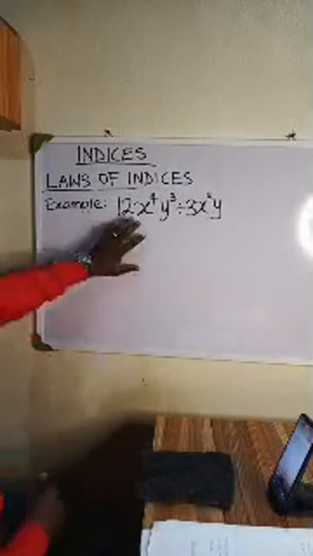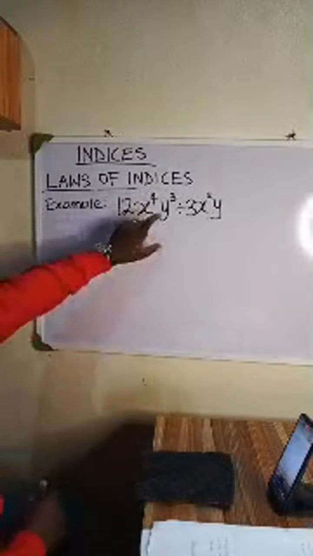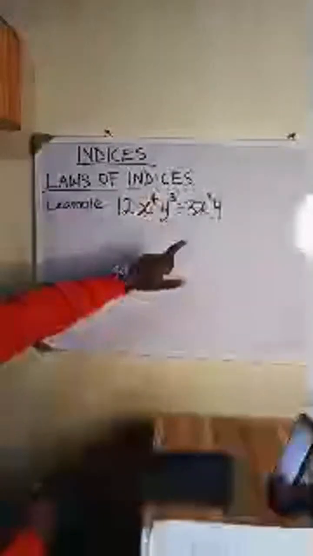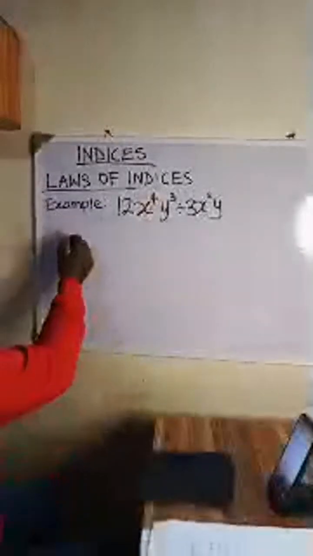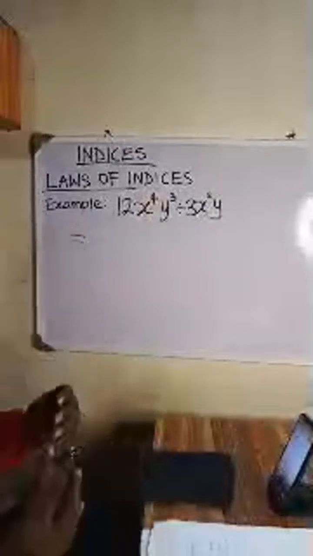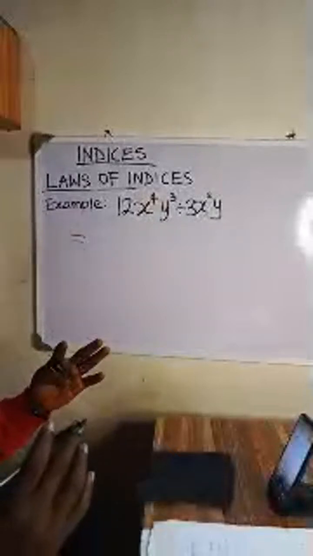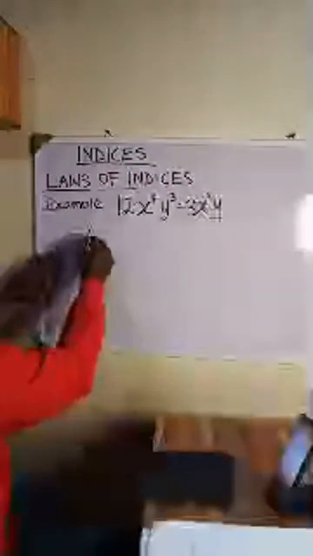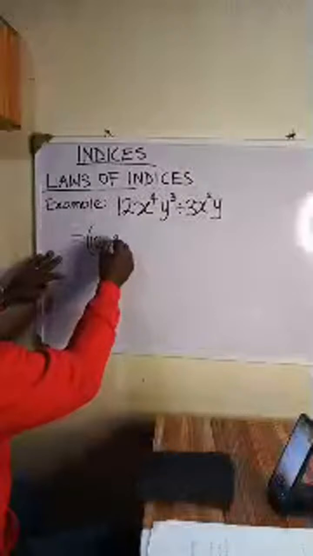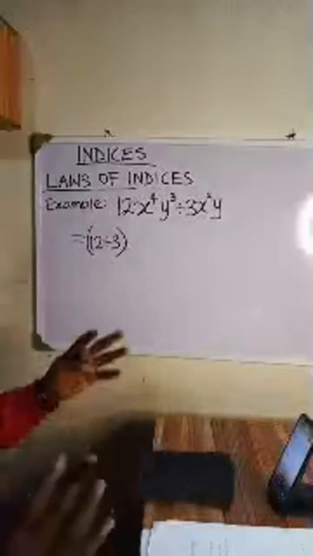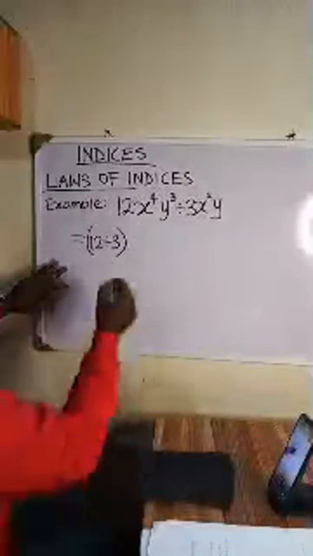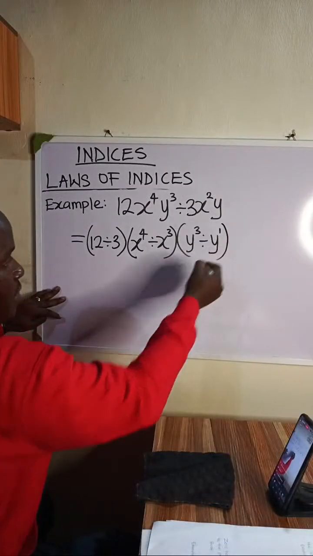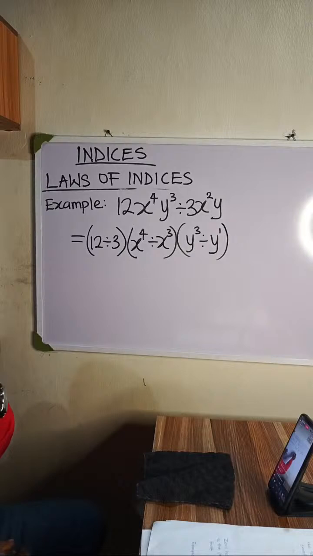Okay, so we have 12x to the power of 4, y to the power of 3, divided by 3x to the power of 2y. Just as we did, we bring like terms into the same bracket. So the numbers, we bring them to the same bracket: 12 divided by 3. And then we bring the x values to the same bracket. Y has an invisible exponent of 1.